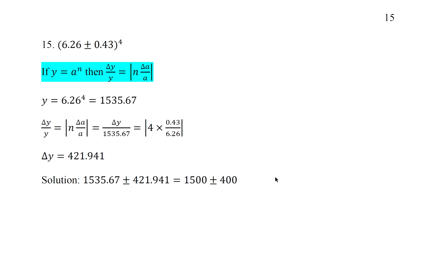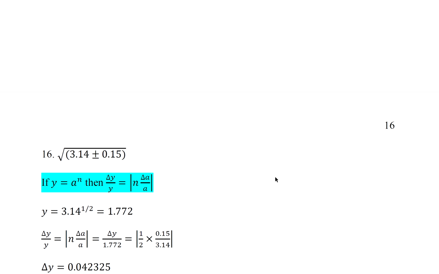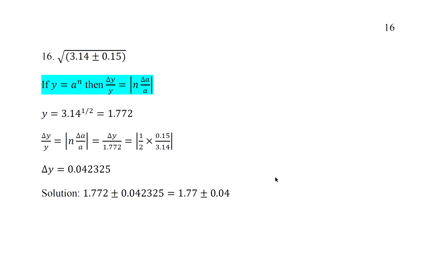Question 15. We're taking the exponent of an uncertainty. We're using this equation again. Question 16, this is an exponent because the square root is just to the 1/2 power.